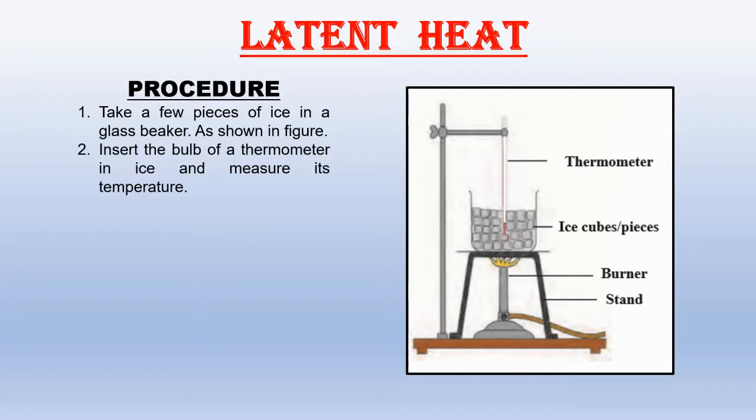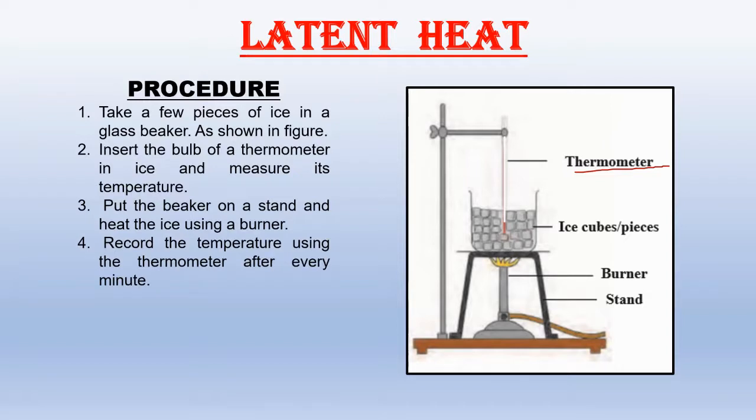So here there is a thermometer inserted inside the beaker to measure the temperature. Put the beaker on a stand and heat the ice using the burner. So here the beaker is placed on a stand and a burner is used to heat this mixture.